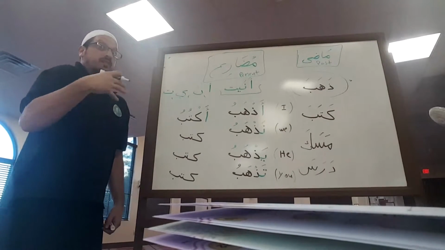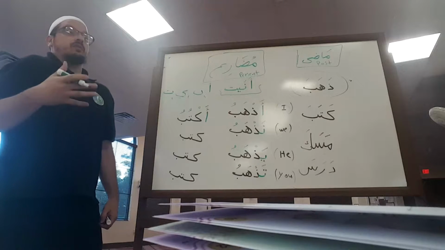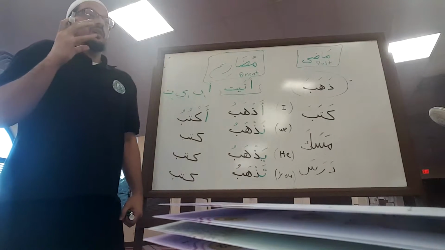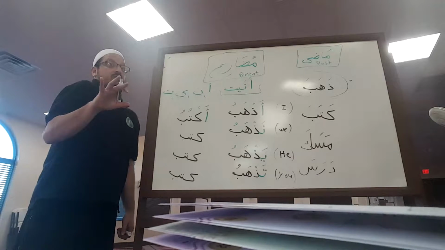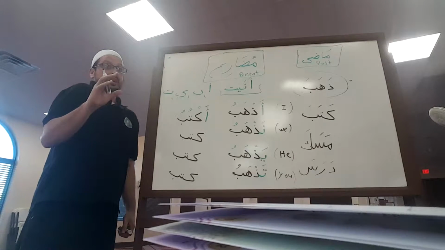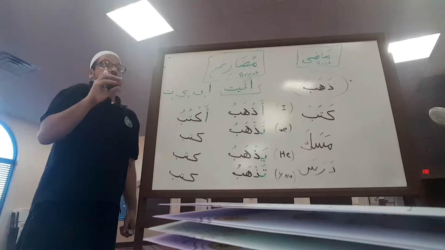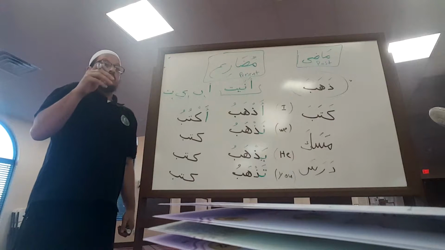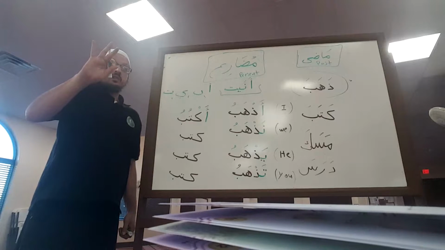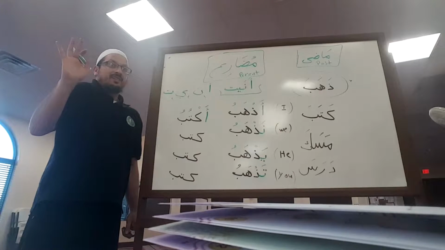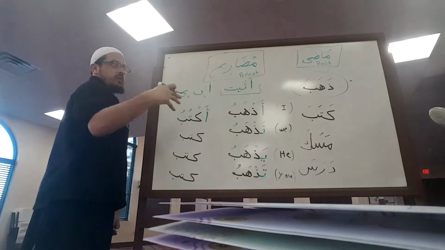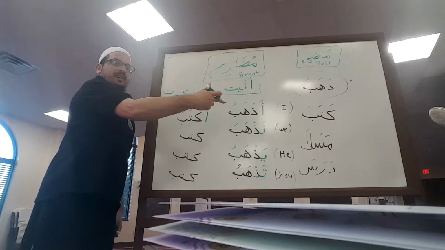The grammar is three things. The kalam, the talk. Kalam is anything that is beneficial. It comprises three things: noun, verb, and preposition. That's it. All of the grammar revolves around that. The verb, what enters it before.